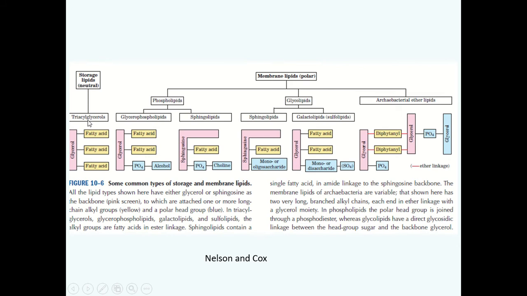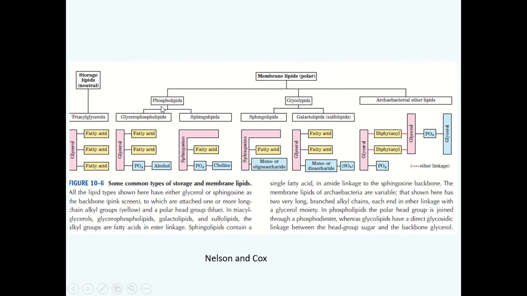Animals, for example, store energy in the form of fats. The cells which store fats are called adipocytes. Adipocytes contain triacylglycerol in them. The other type are the lipids which are found in the membrane.